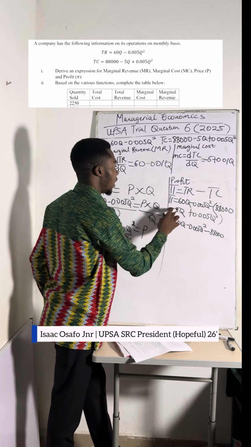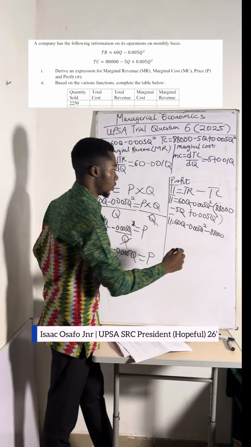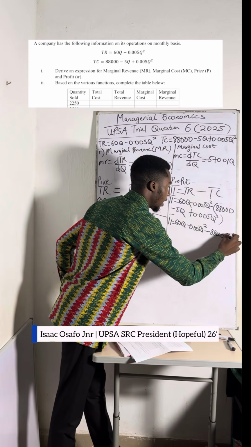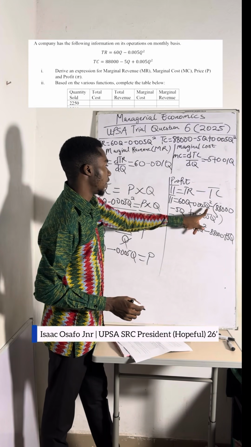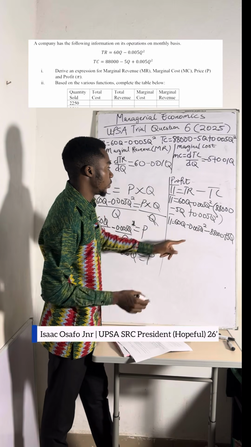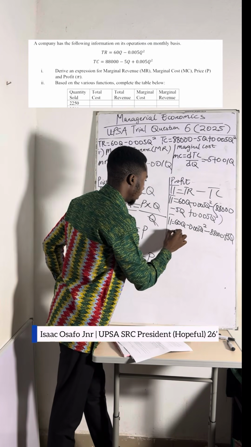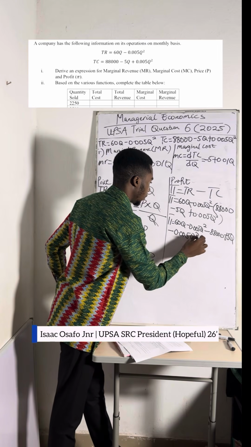Then the minus will affect the negative 5Q, but remember, negative times negative will give you positive. So plus 5Q. Do you get it? Then negative times positive 0.005Q squared will give you negative. So minus 0.005Q squared. You get it?